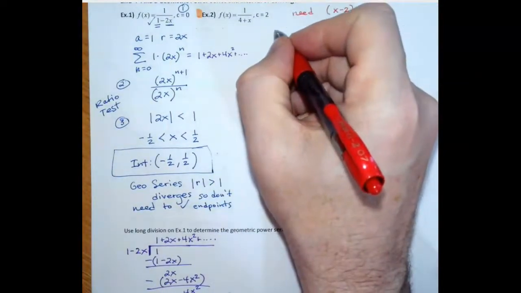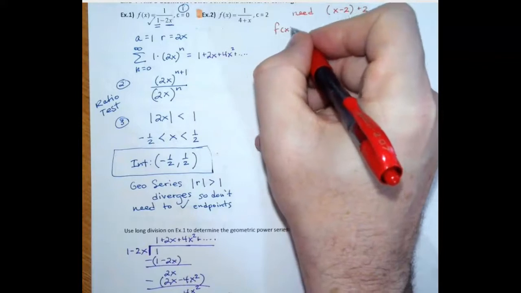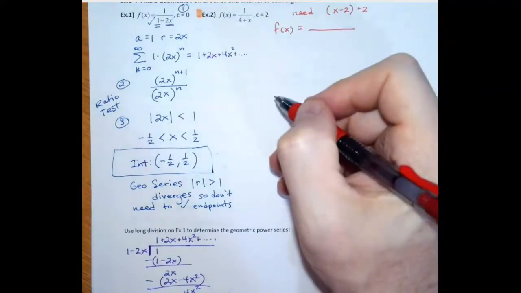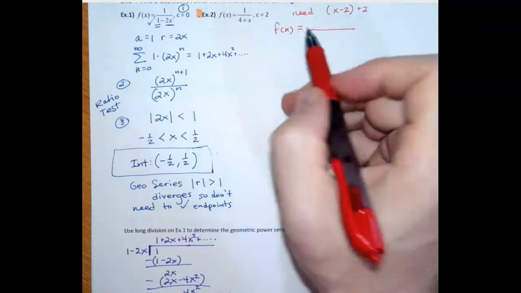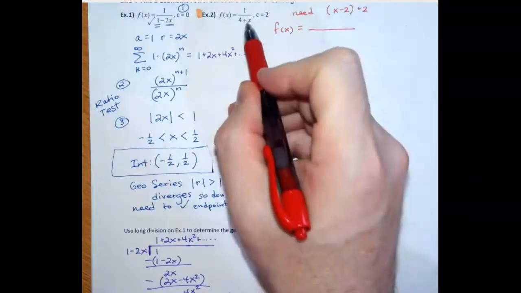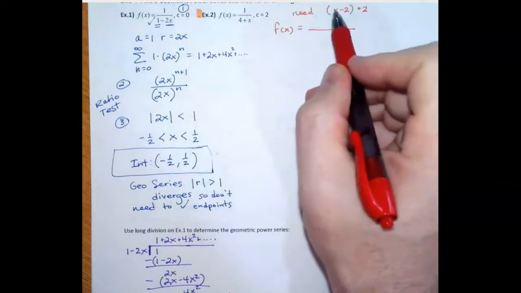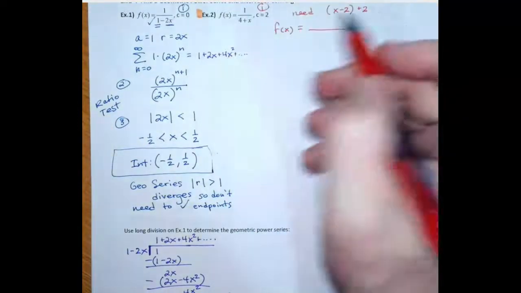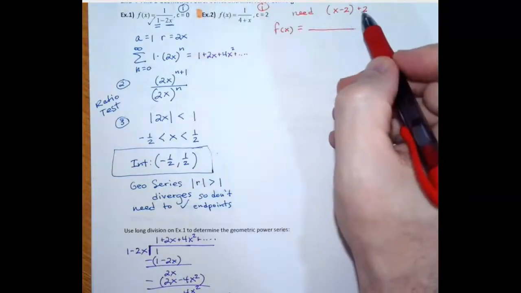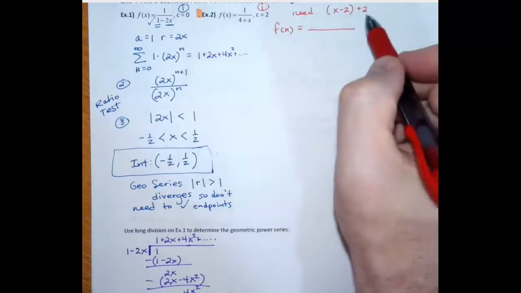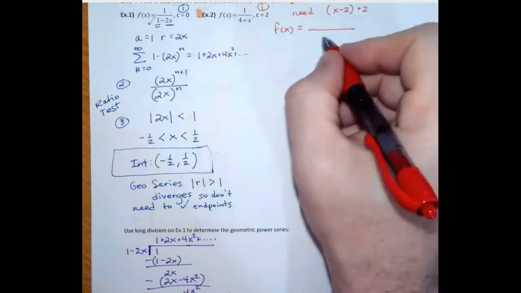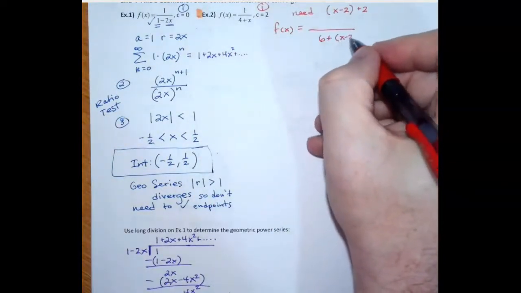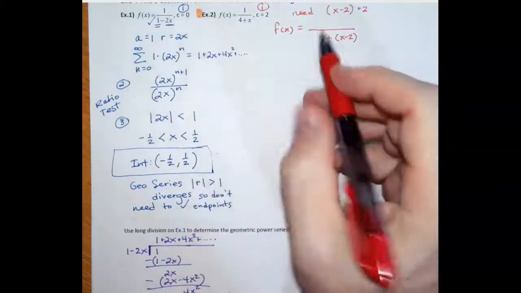So our function is going to be, if we change this x to this, because we need to have the c in there, then this is going to be 6. So we're going to have 6 plus x minus 2 to accommodate the center.